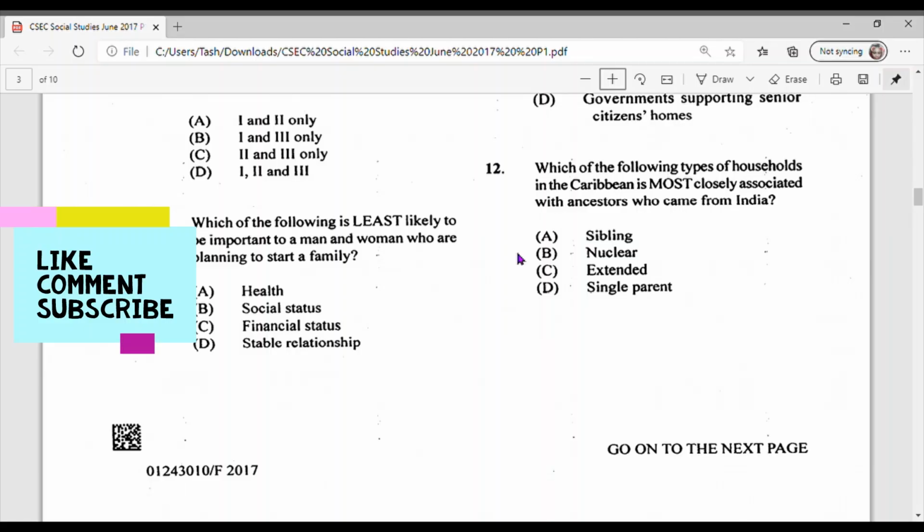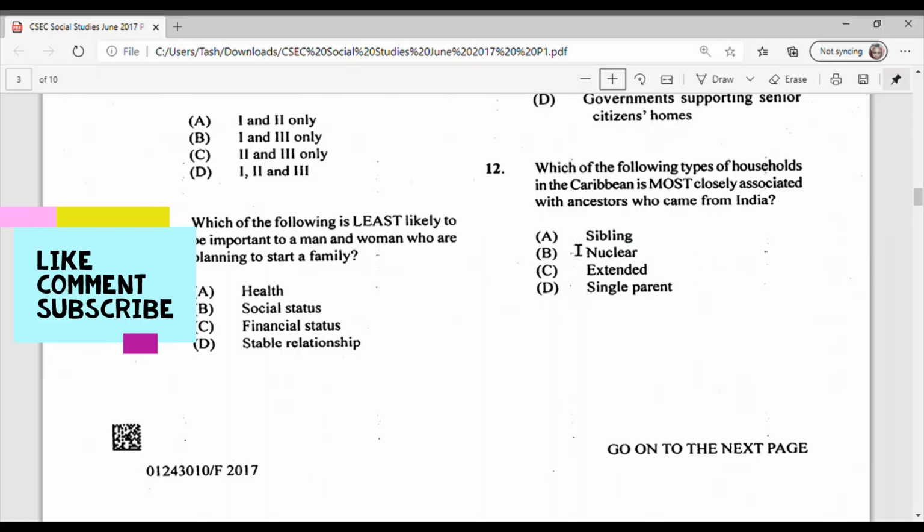A nuclear family, you have both parents and the children living together. Extended family means that you have the initial or the primary family unit, which would be the children and mother or father or both, and then additional persons, maybe grandma, aunt, uncle, etc. Single parent, that is one parent, either mother or father, that is living with the children.